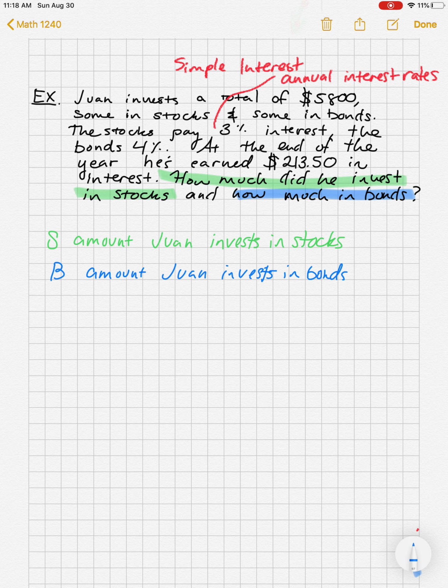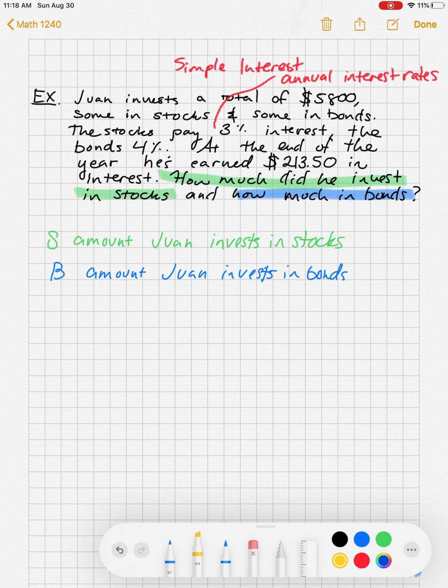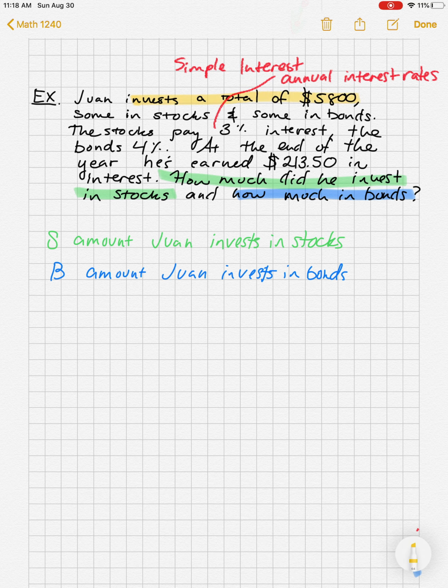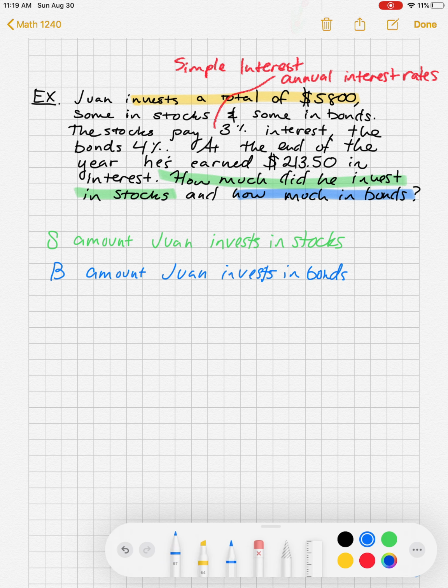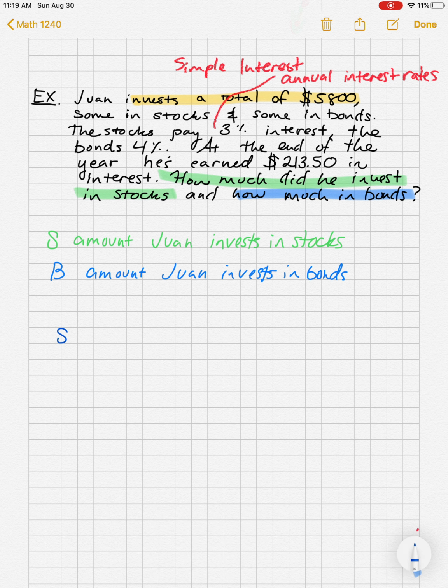Okay, then what do we know? Juan invests a total of $5,800. In other words, if I take the S and add it with the B, I should get a total of $5,800. The stocks pay 3% interest. So for whatever amount he invests in stocks, he's going to earn 3% of that.